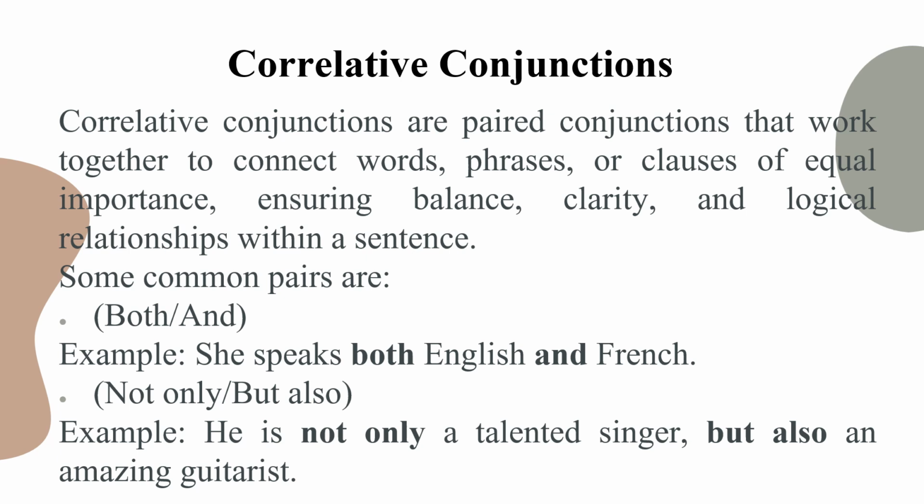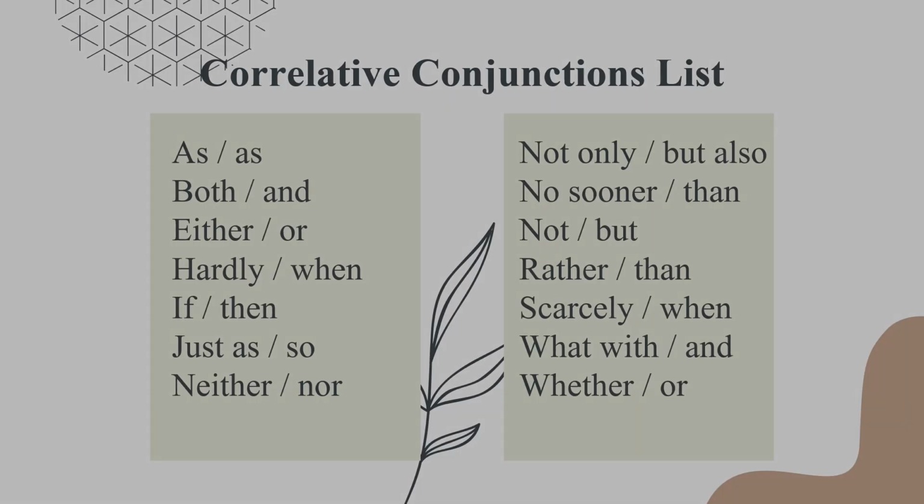And the last pair is no sooner than. It indicates one event happens immediately after another. Example, no sooner had I left the house than it started to rain.